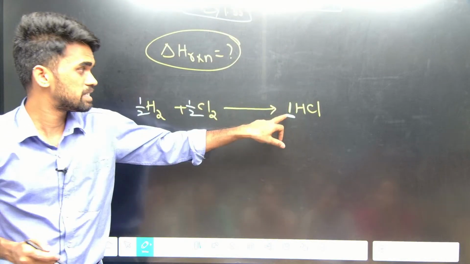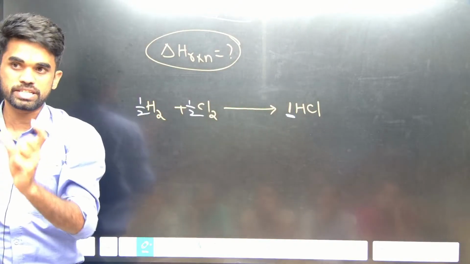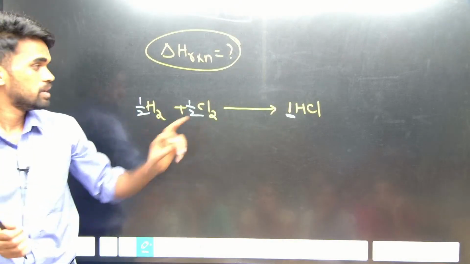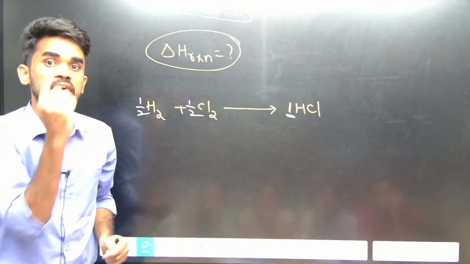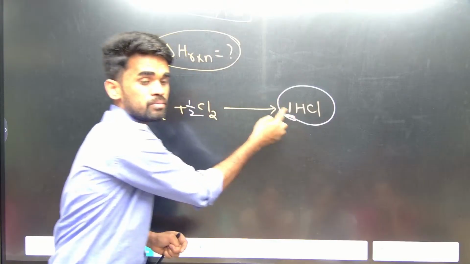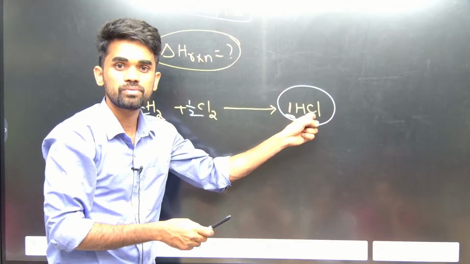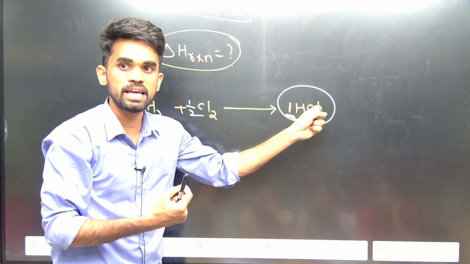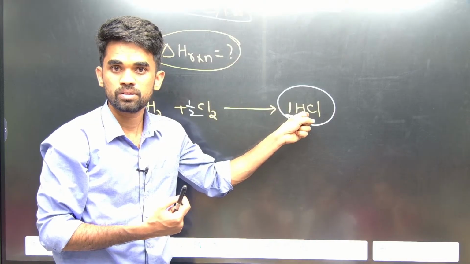HCl. So when I use the word enthalpy of formation, please listen to these 2-3 statements, then you can solve the questions easily. Enthalpy of formation means 1 mole of that substance is produced from its elements. See, what are the elements here? H means H2, Cl means Cl2. What is the standard state of hydrogen in nature?